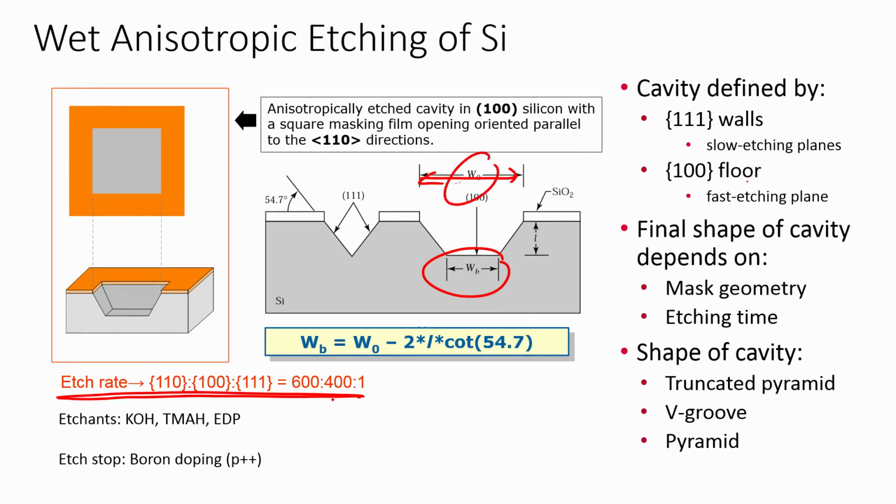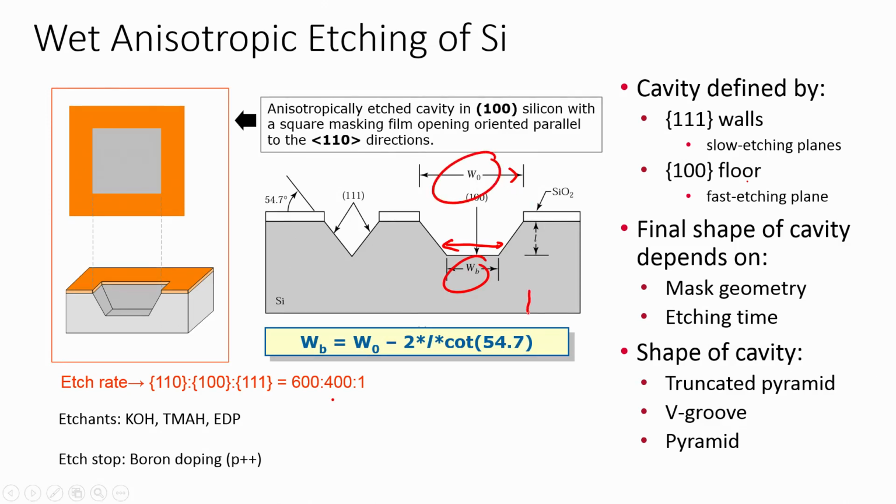The opening of the window is WO, and this width will be my WB. How are they related? WB equals WO minus 2 into I into cot theta, where theta is 54.7 degrees.